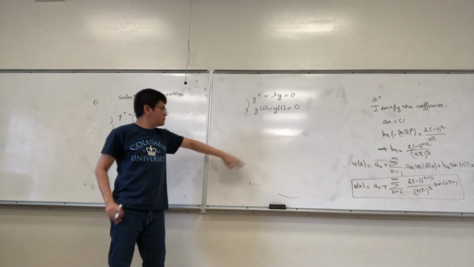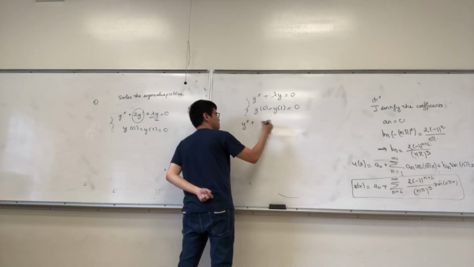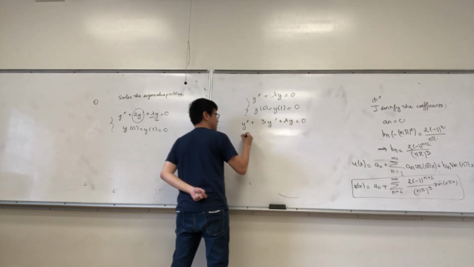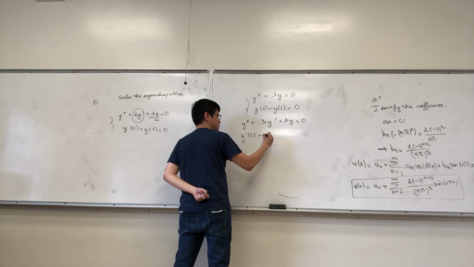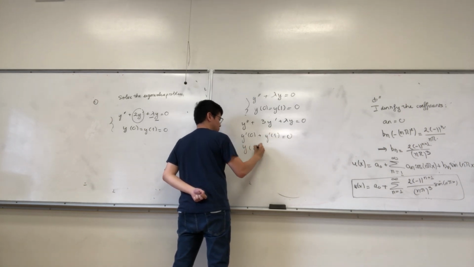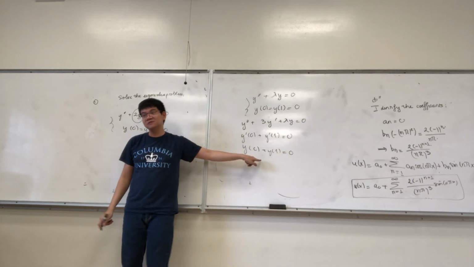But you can change this operator. You can put this to be something crazy. And then you have a y prime of 0 plus y of 0 to be 0, and then you have y of 0 plus y of 1 to be 0. So this is the boundary condition and this is the boundary condition.